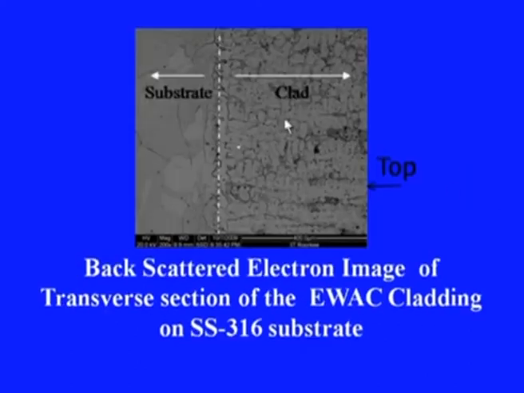This is how the clad looks in cross section. We can see this is the stainless steel substrate, and this is the clad material, and there is a very smooth transition at the joint. That means metallurgical bonding has taken place between the substrate and the clad material.